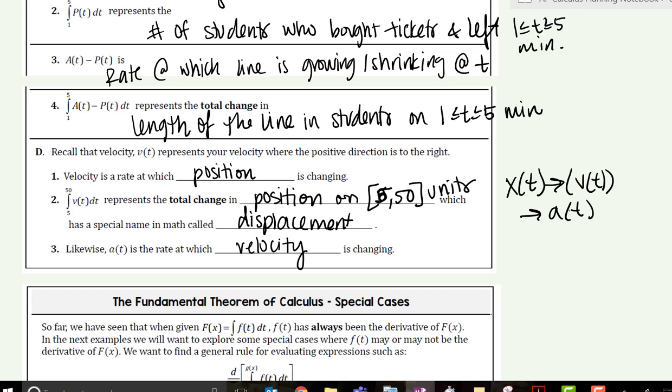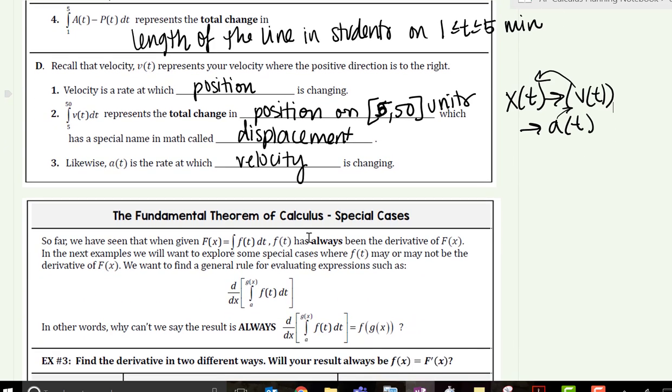So instead of going to that forward motion, we're now going to say, if I know acceleration, I can find velocity. If I know velocity, I can find position. And if I also know my interval, not only can I find position, I can find the total displacement by knowing position at this time minus position at my starting time gives my total displacement.